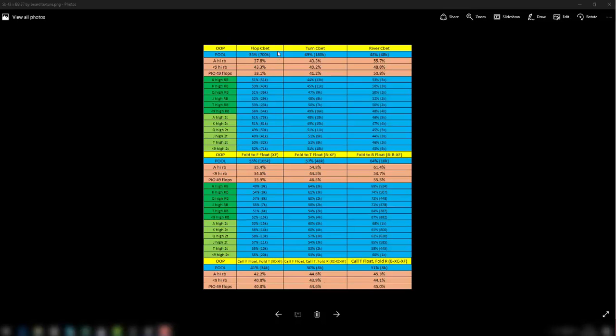So the pool is C betting on average 53% and PO is C betting 38%. When we split it up by board texture, PO would bet a little less on the ace-high boards, and the pool, if we compare this 51% number on ace-high rainbow with this 56% on 9-high and less rainbow, also c-bets a little less on the ace-high rainbow than it does on the less than 9-high rainbow.